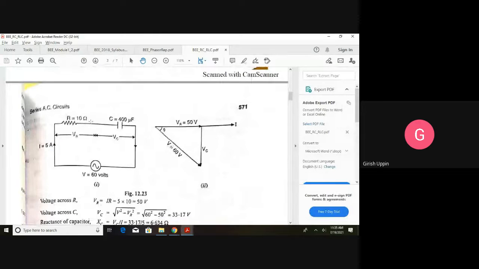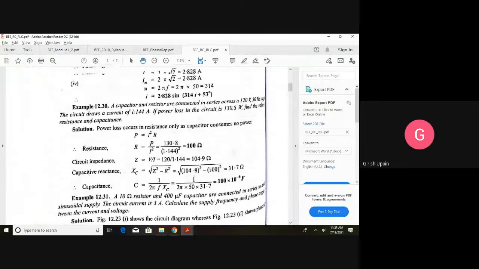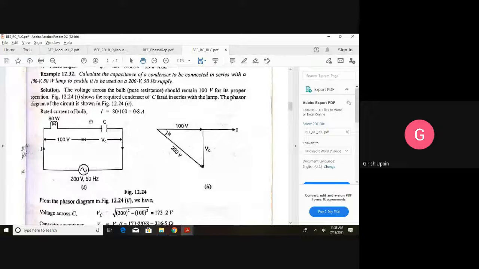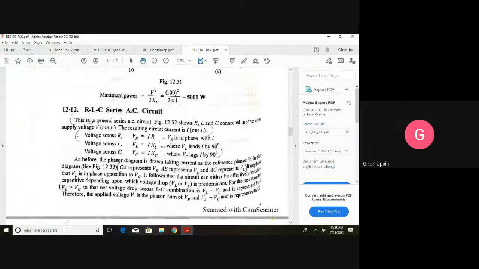It is not in the notes. This is RC. There are problems. This is from VK.